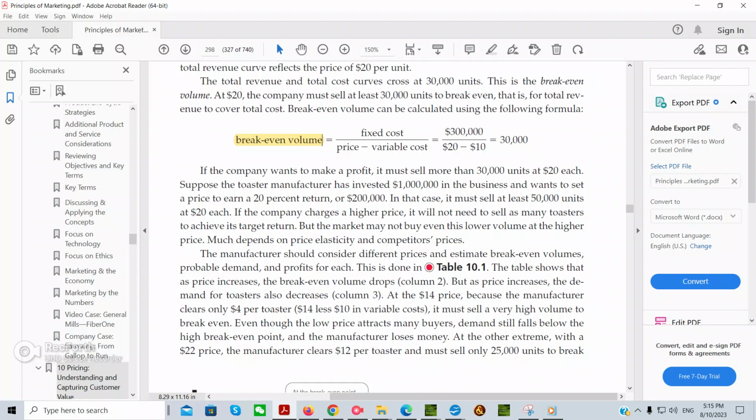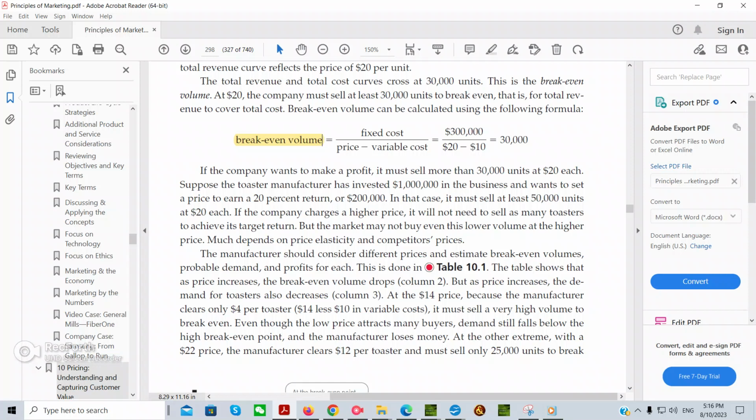Now, consider that the manufacturer should consider different prices and estimate break-even volumes, probable demand and profits for each. In the table below, it shows that as price increases, the break-even volume drops, right? Because you're getting more per unit, you don't have to produce as many units. Pretty basic.